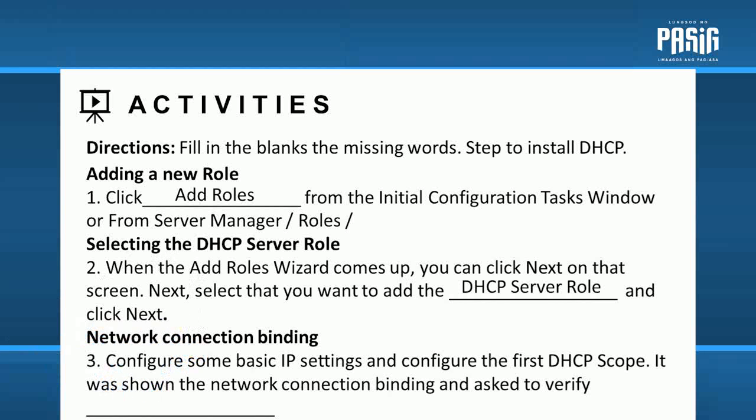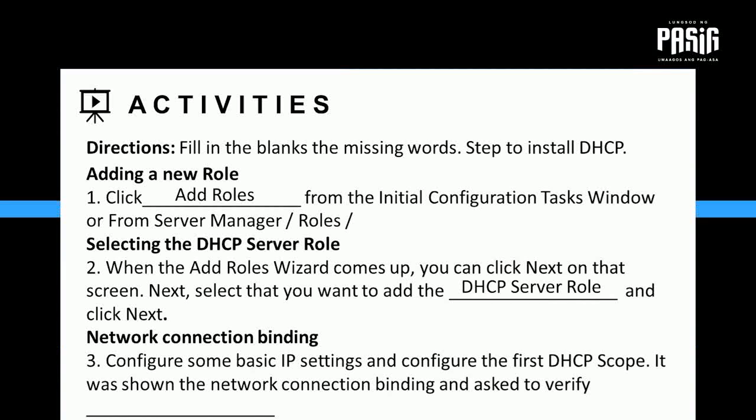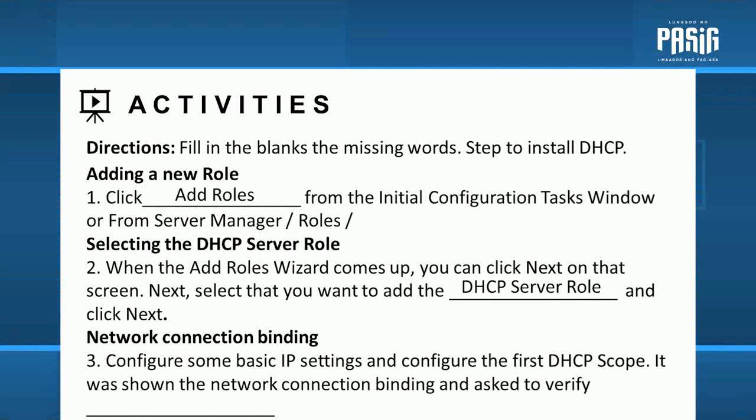Number 3. Network connection binding. Configure some basic IP settings and configure the first DHCP scope. It was shown on the network connection binding and asked to verify blank. The answer is network connection.